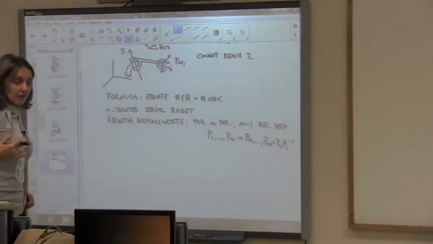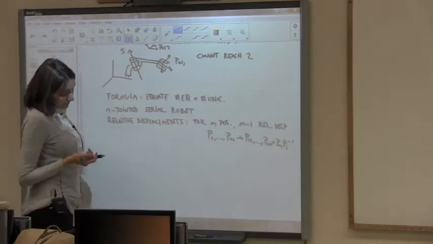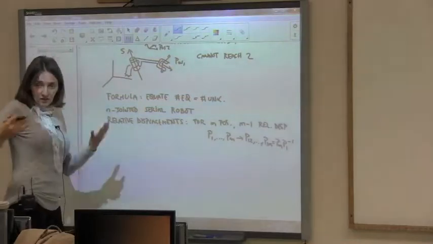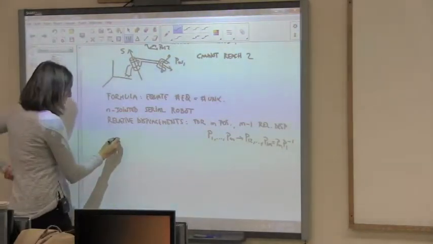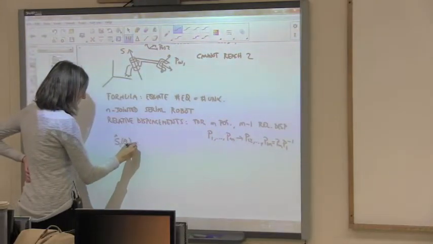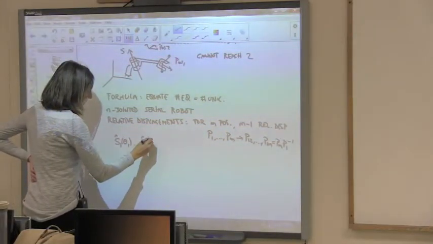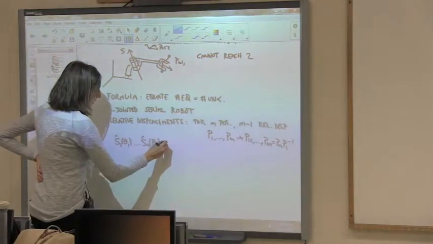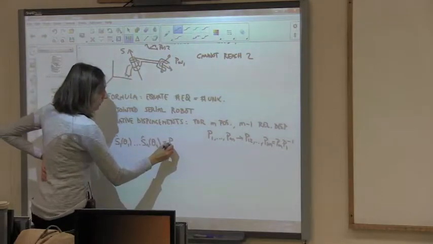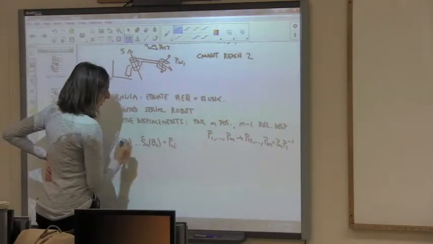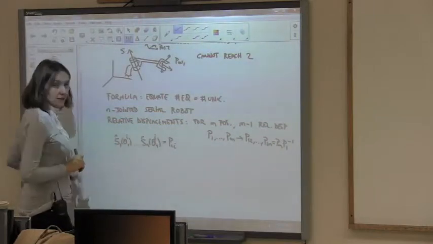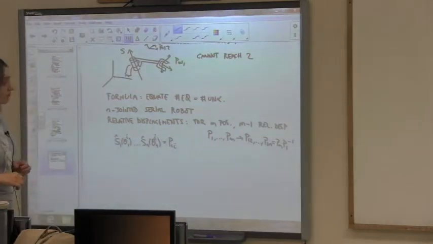So let's state the forward kinematics equations for this n serial robot, and we have to do it in general. Everything is unknown. So it will be S1 of theta 1i, up to Sn of theta ni, equal to the relative displacements P12, P13, up to P1m, meaning the angle to reach that position.